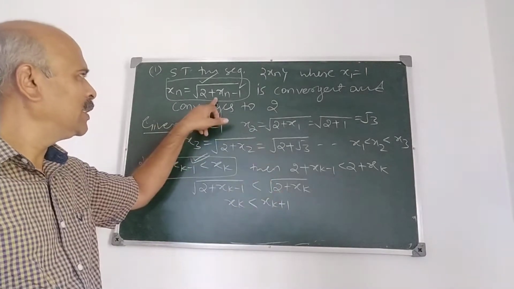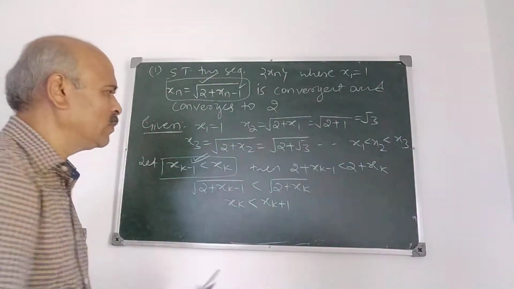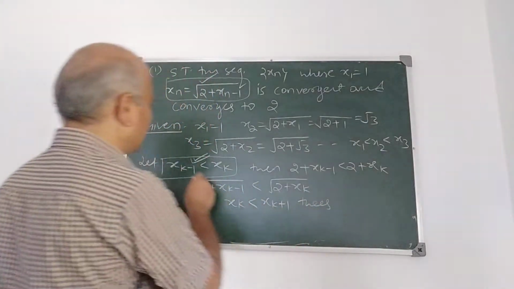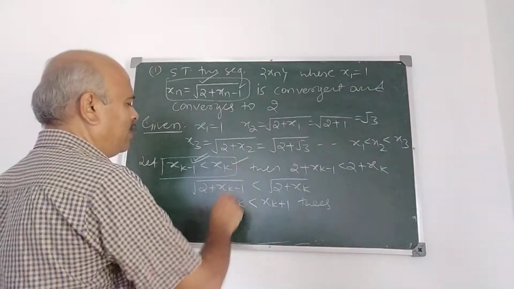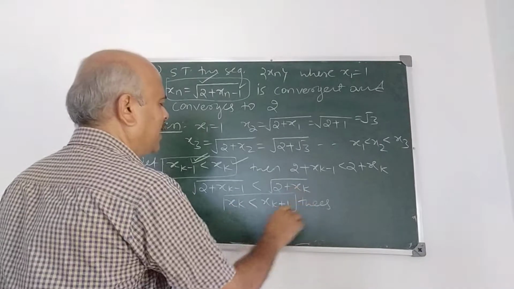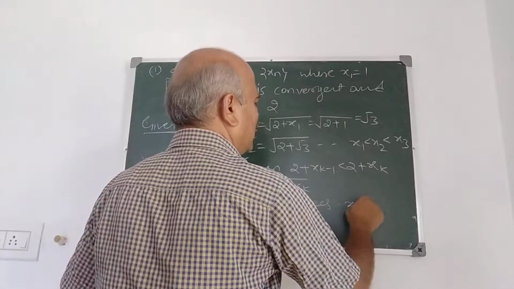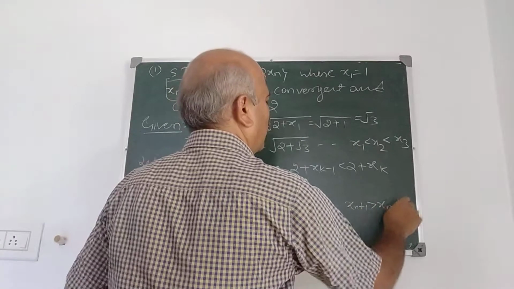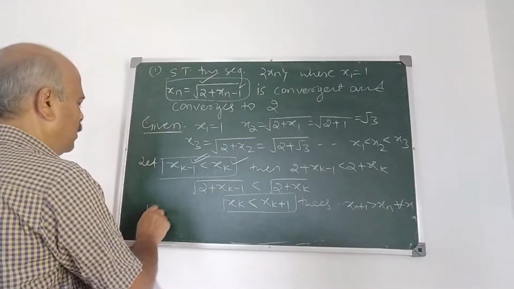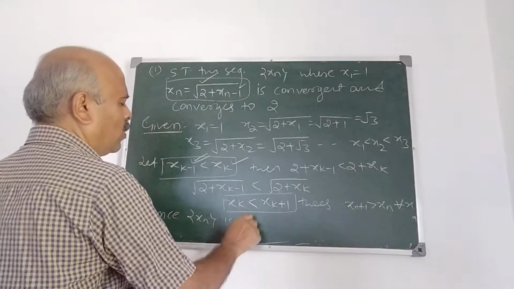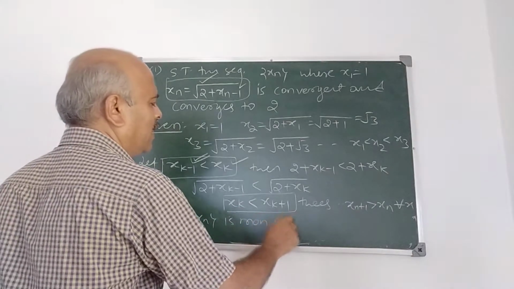And the square root of 2 plus xk is xk plus 1. I think all of you understood this. Thus xk minus 1 is less than xk implies xk is less than xk plus 1. Therefore xn plus 1 is greater than xn for all n. Hence this sequence xn is monotonically increasing.